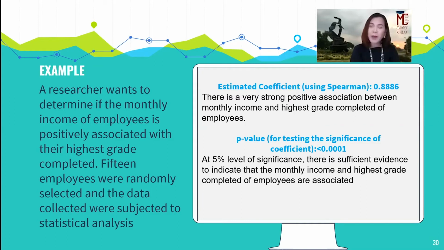So to interpret our computed value, we can say that there is a very strong positive association between monthly income and the highest grade completed of employees. Meaning, as the educational attainment gets better or increases, the monthly income is also expected to increase.